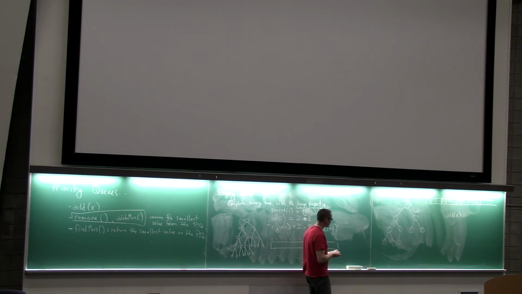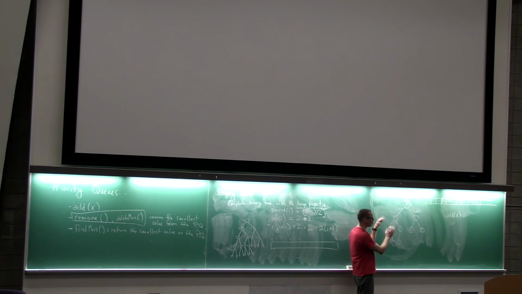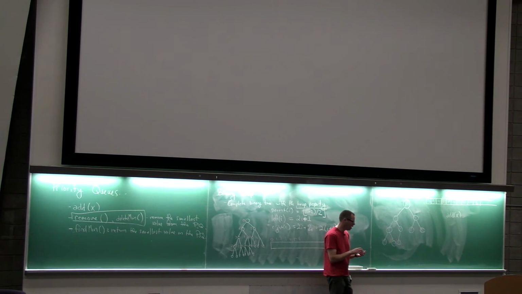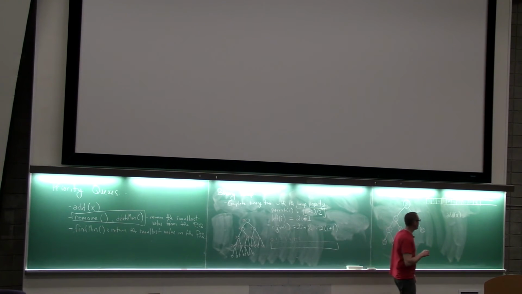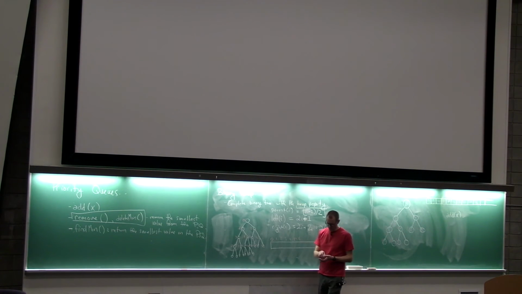So we know that, forgetting about what values are stored where, we know what the tree is going to look like after this. It's going to have one more node, and we know where that node has to go because it has to fill in the bottom row here. So it's going to go right there, which is nice in this array picture because that just means it goes after everything else in there. Okay, so eventually there's going to be a new node there.